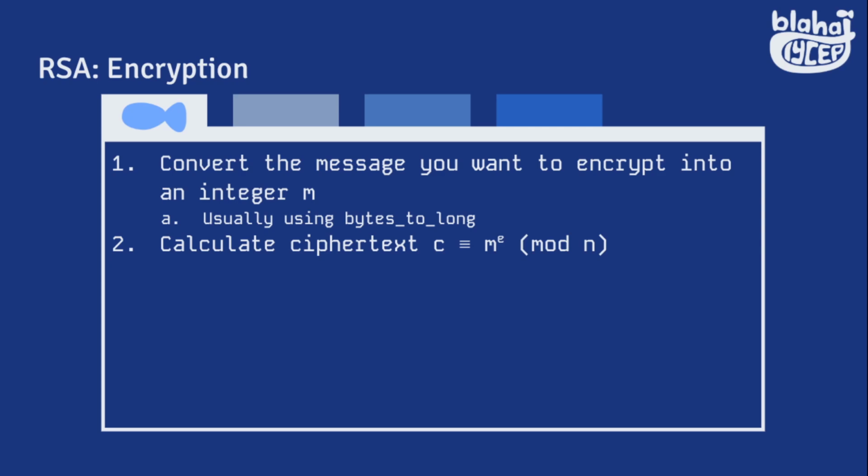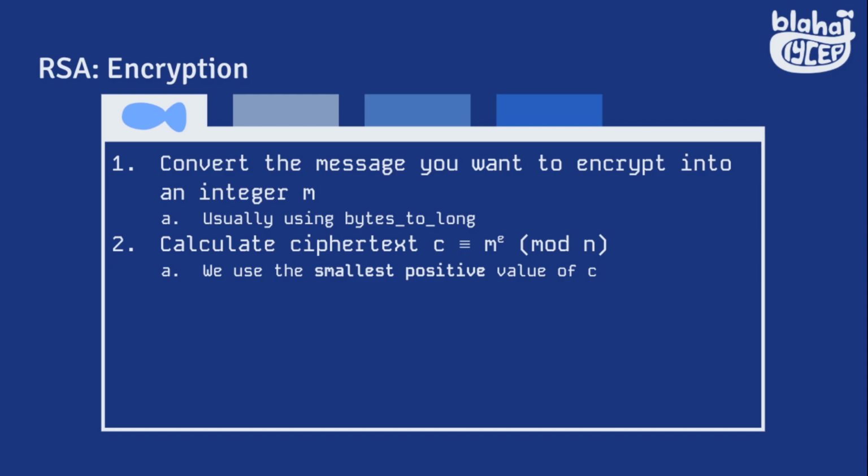Next, we can calculate our ciphertext, which is C congruent to M to the power of E modulo N. Or in this case, because our integer variable is called M_int, we can do M_int to the power of E. Everyone following so far?